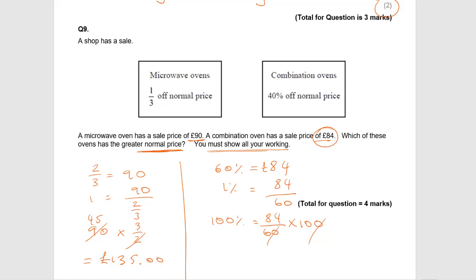So 84 over 60 times by 100. 2 divided by 2 is 5, divided by 2 is 3, and I can divide 84 by 3, so 3 goes into 8, and 3 goes into 24, 8.